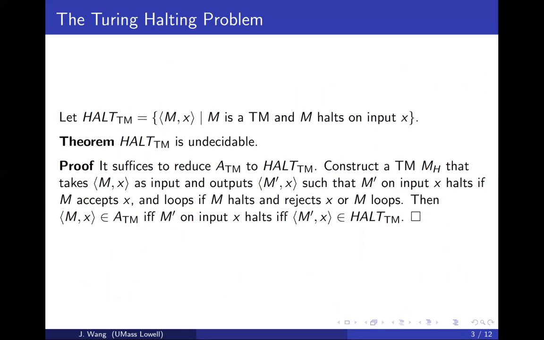The halting problem takes an encoding of a Turing machine M, comma X as input, where M is a Turing machine and M halts on input X, instead of accepting X. In your homework, you are asked to prove this halting problem, which we call H, is undecidable using diagonalization directly.